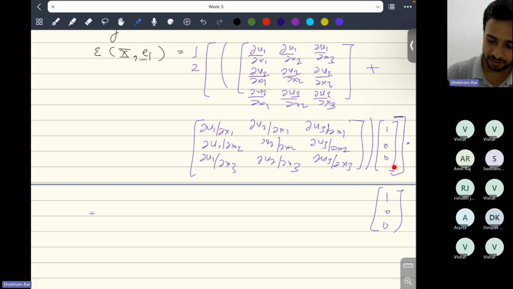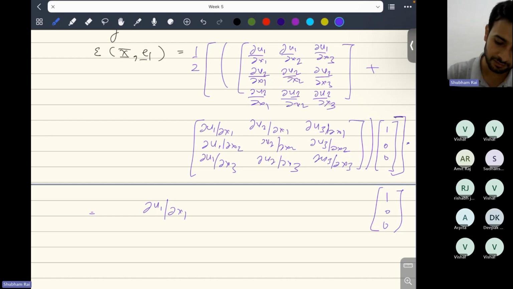Then you have to multiply it with the vector. When you multiply this with the vector, what will you get? You are going to get only the first column, because in matrix and vector multiplication, the other elements will be multiplied by 0, so you will be left with only the first element of each and every row.